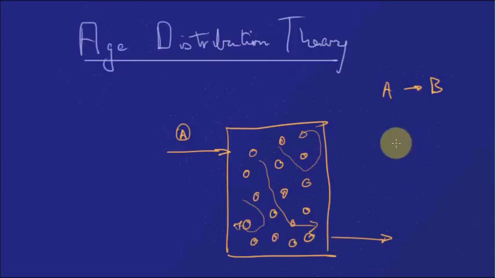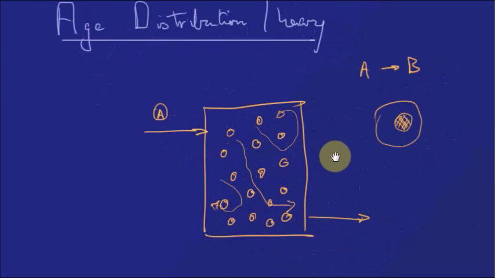So if we were to expand on an individual particle, you could think of A as being an unreacted core. So let's say this core was A, and depending on how much time that particle had spent in the reactor, you would have a different core radius. So if you had been in there for a long period of time, then the radius would be smaller.